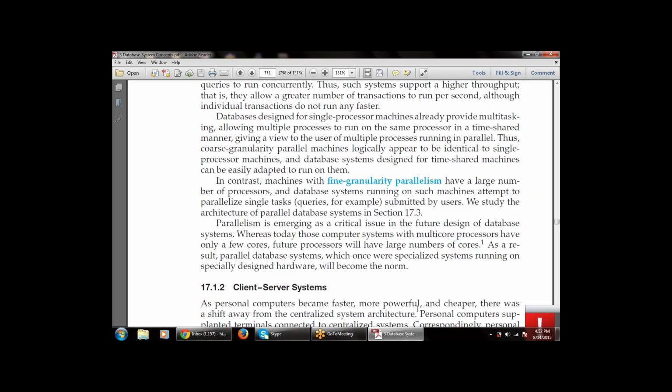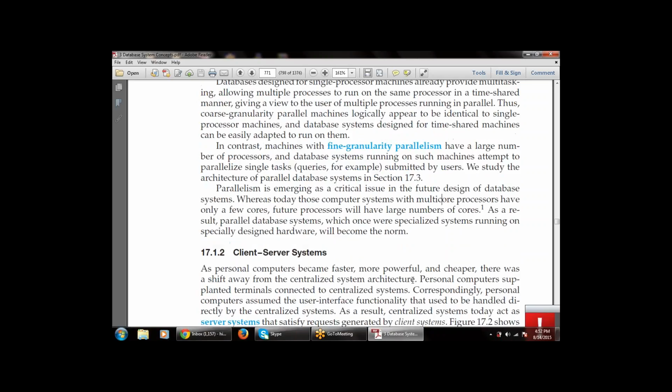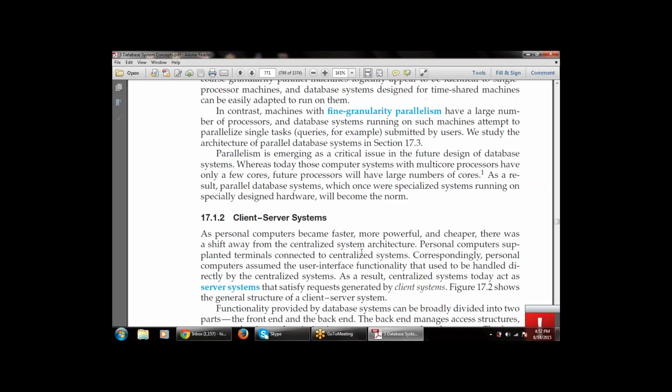As personal computers became faster, more powerful and cheaper, there was a shift from centralized systems to personal computers. Personal computers became faster and more powerful, and there was a shift from the centralized system to multiple computers.